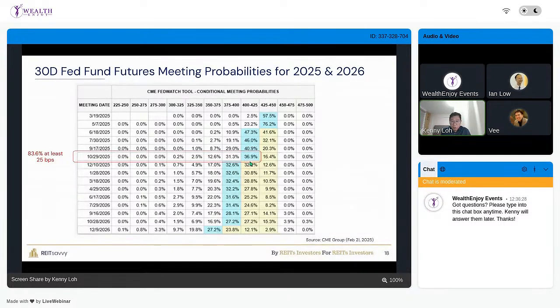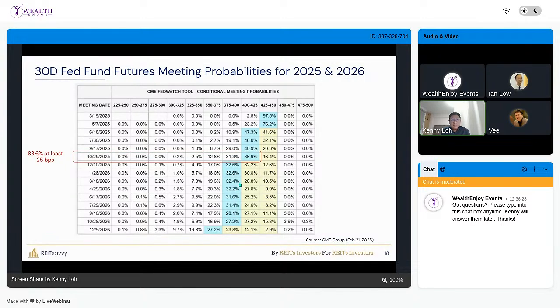So it's pretty muted, and that actually paused the excitement in the whole REIT sector, because all the investors were expecting the inflation to come down and the Fed to go through an aggressive rate cut, but that is unlikely to happen in 2025. And even in 2026, we are also not seeing a very drastic or huge rate cut moving forward.